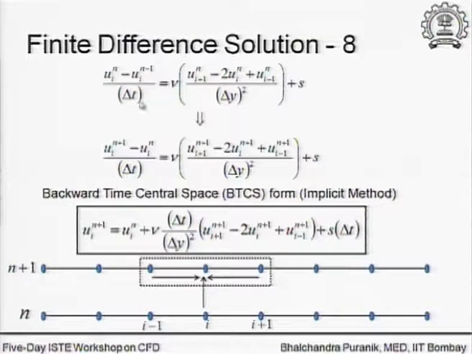If I do that, I will simply write this as, this will become n plus 1, this will become n, this will become n plus 1, n plus 1, n plus 1, since anyway time is in some ways a dummy index. So I rewrite this in the form of u_i^(n+1) minus u_i^n equal to all this in the n plus first time step.